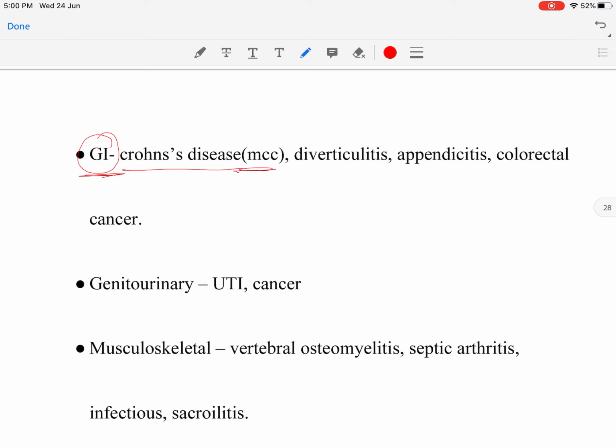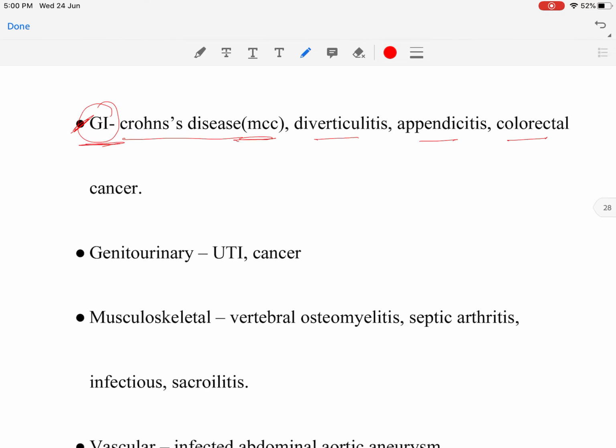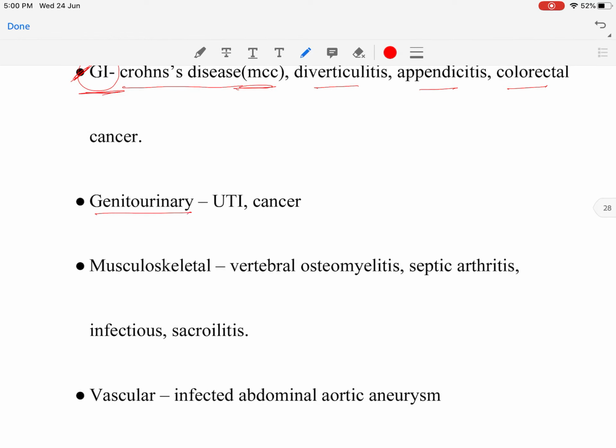Other GI causes of the secondary psoas abscess are diverticulitis, appendicitis and colorectal cancer. Then there can be genitourinary causes, musculoskeletal causes like vertebral osteomyelitis or TB, septic arthritis, and vascular causes like infected abdominal aortic aneurysm.